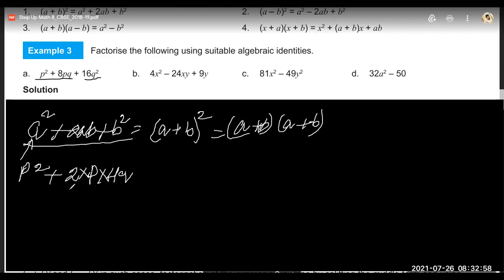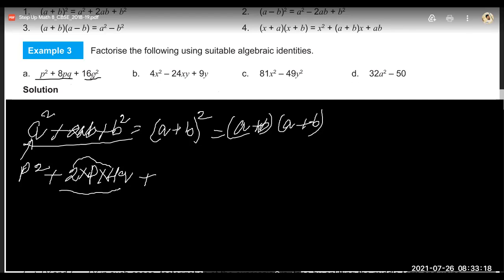Can we write it this way? Because when we write it like this, the value doesn't change. 2 into p into 4q is 8pq as it is. We are just reframing it so that it can match the identity that we want to use.